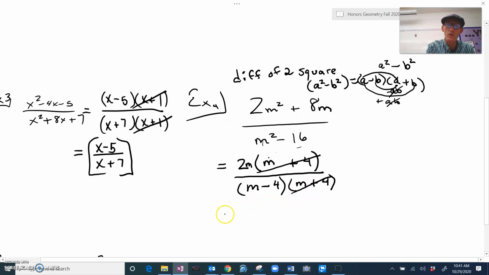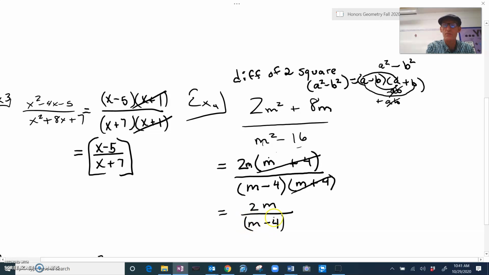All right, so now the answer to this problem is 2m over m minus 4. And we can't cancel these two m's because this m is part of this expression, m minus 4. So it's not a factor of 2m because it's m minus 4.